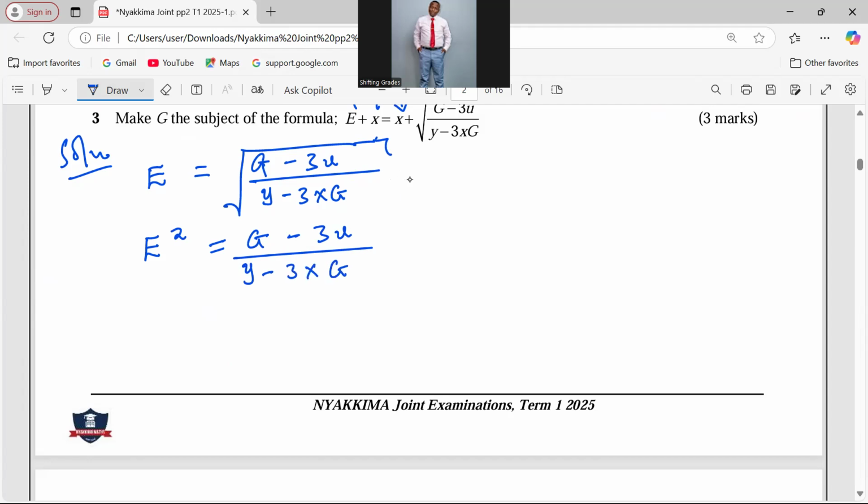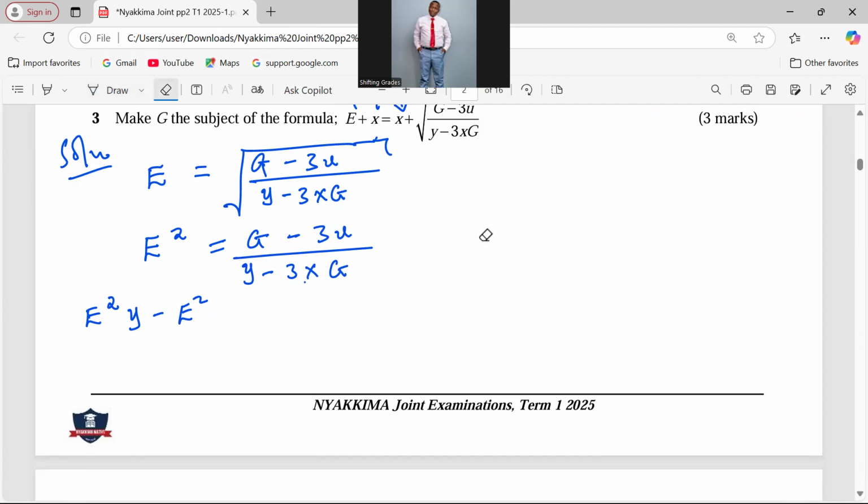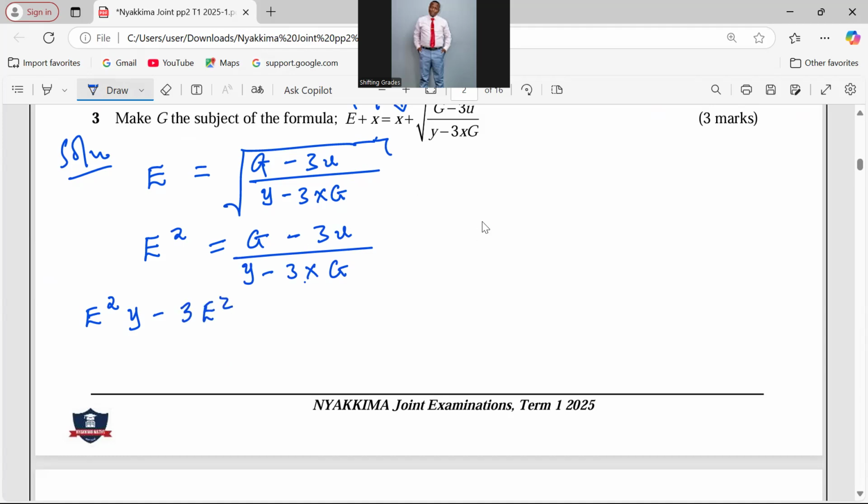At this point again, we can cross multiply such that we don't have this denominator now. So it will be e squared multiplied by y, and again e squared will be multiplied by 3xg. So allow me begin with the constant 3, then e squared x g, like that.